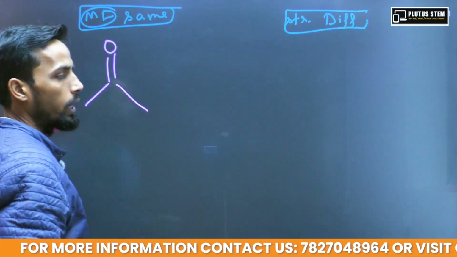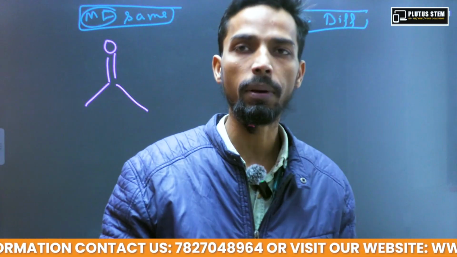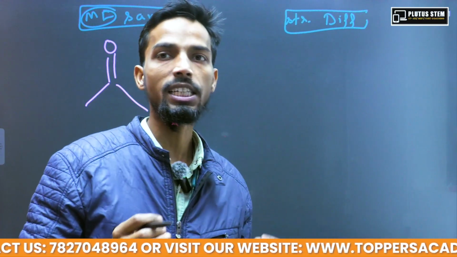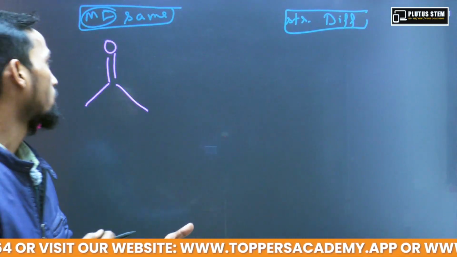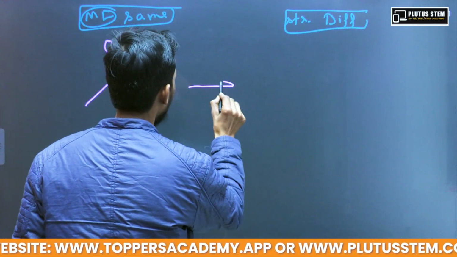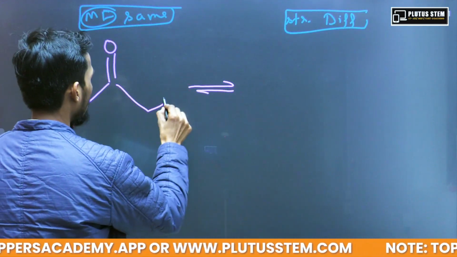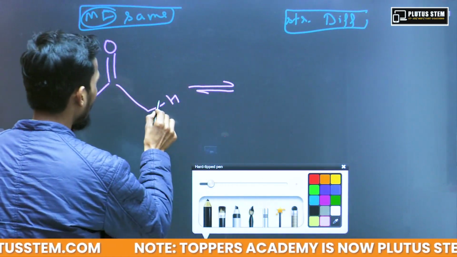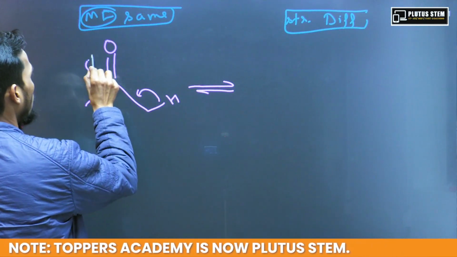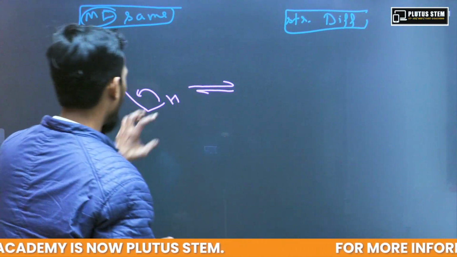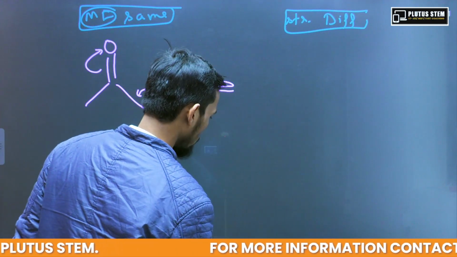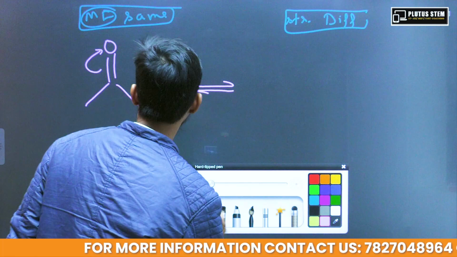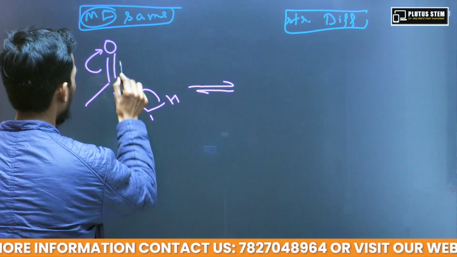Let's say this ketone is interconvertible to some other compound. If we see, let's say there is a hydrogen over here, and this hydrogen will come over here, the electrons move, and this hydrogen will be abstracted by this. 1, 2, 3.